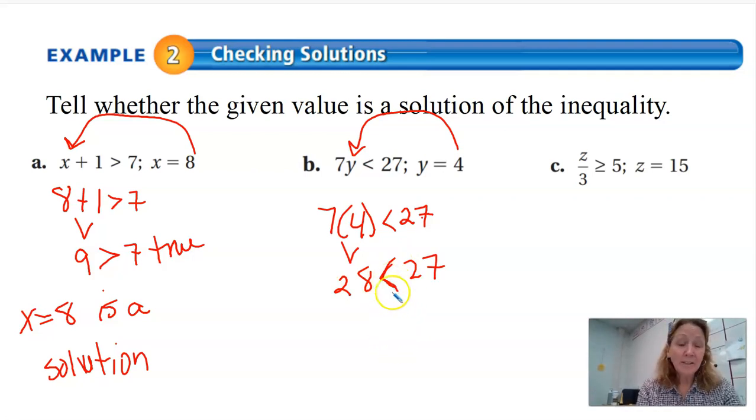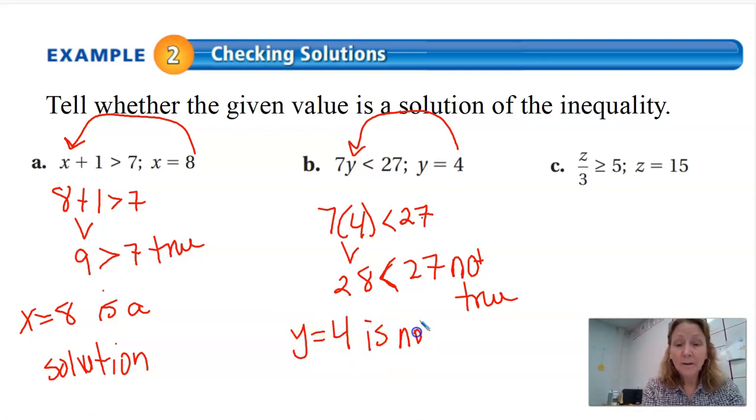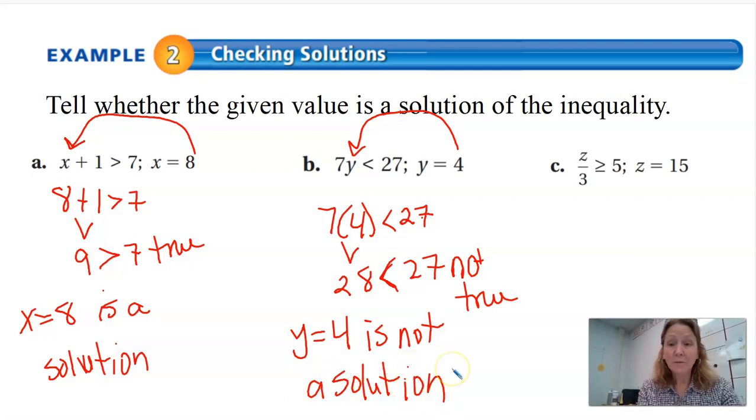And right now, the crocodile's eating 27, so that is not true. So I know that y equals 4 is not a solution to that inequality. It doesn't make the inequality true.